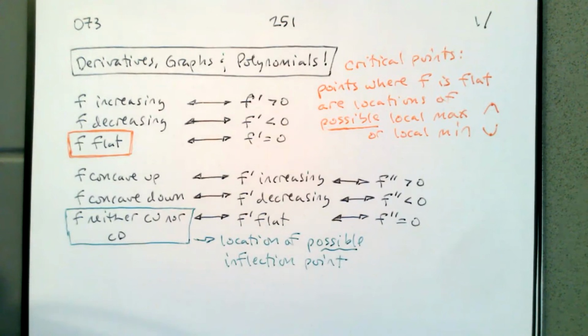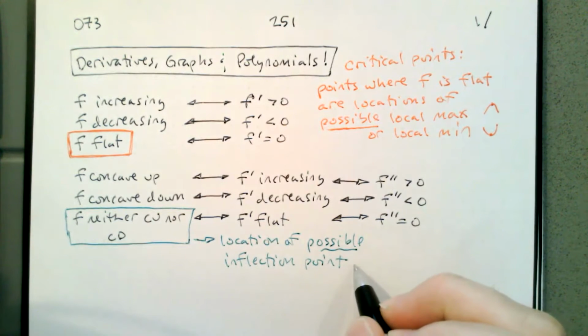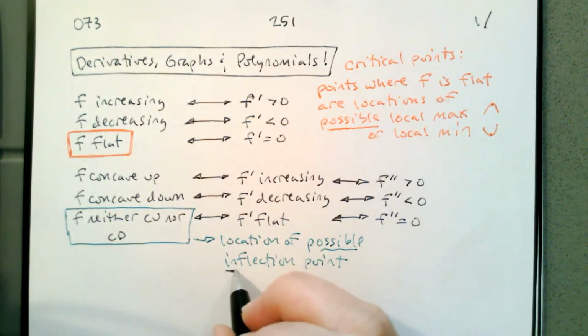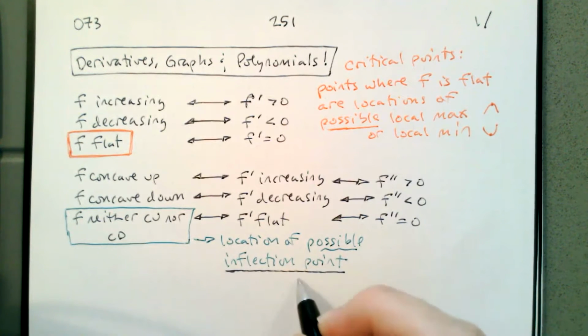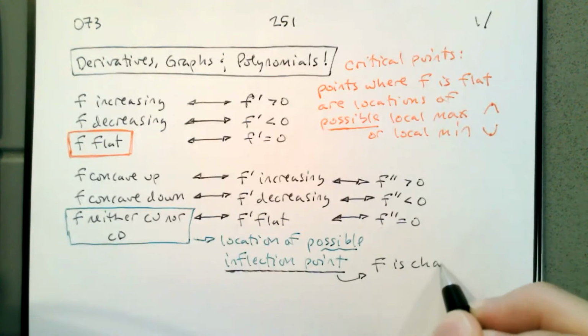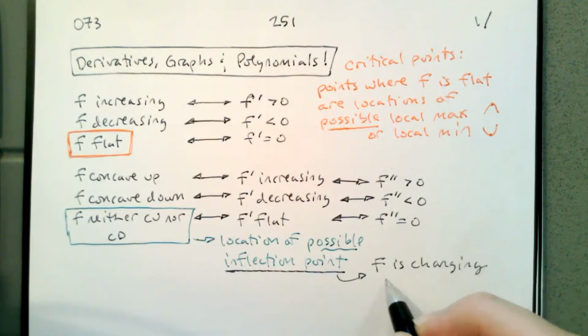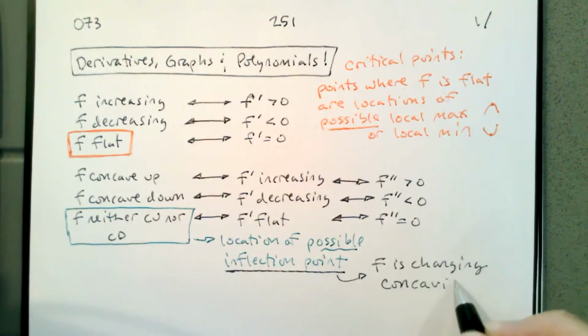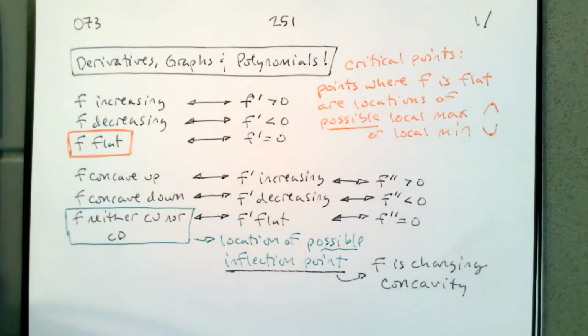Inflection points are just points where the function is changing concavity. So if a function is changing concavity at a point, then we call that an inflection point.